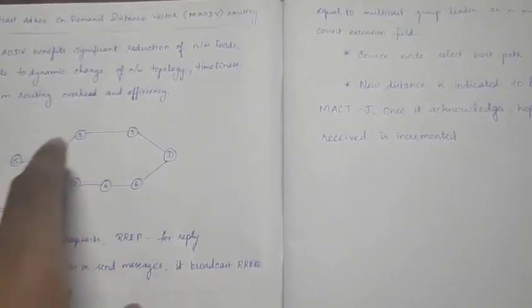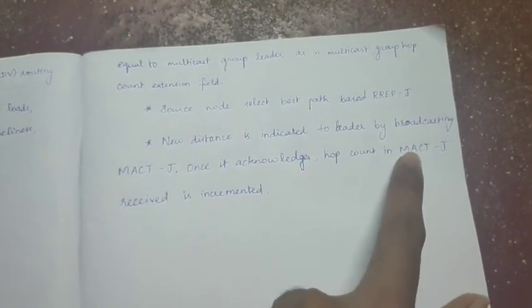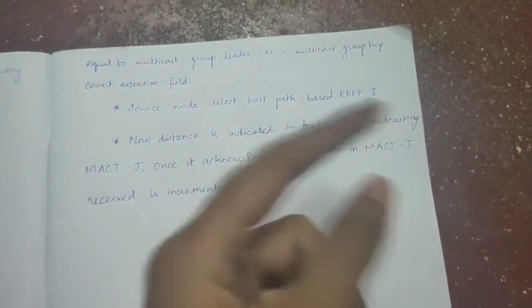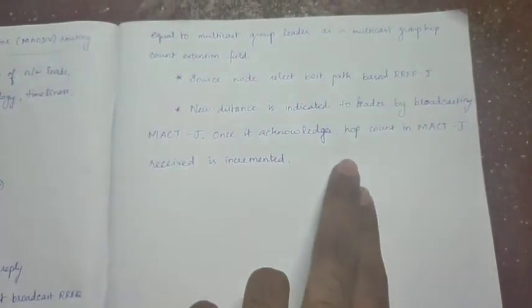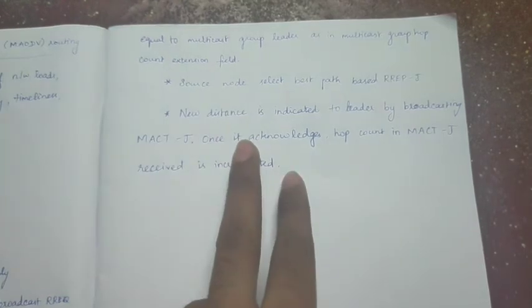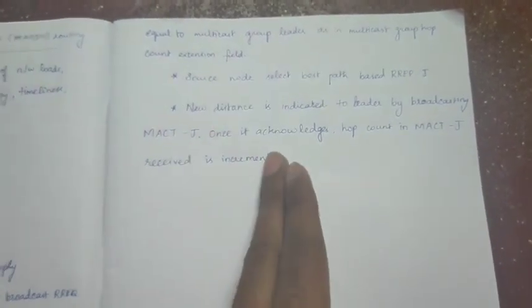So once the destination acknowledges that it is received by the source, the hop count in the MACT-J which the downstream node received is automatically incremented. So consider that the hop count is 4, which is received from the MACT-J message. The downstream node will increment it to 5 and set it as the new hop count.